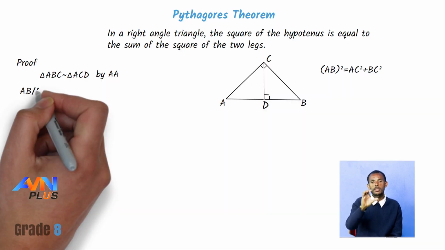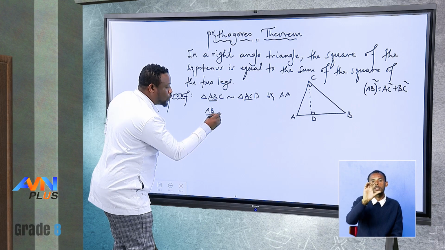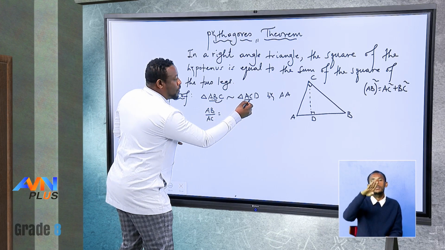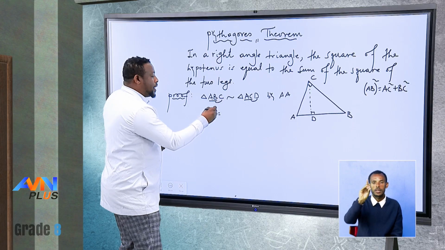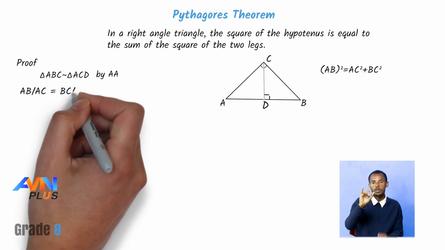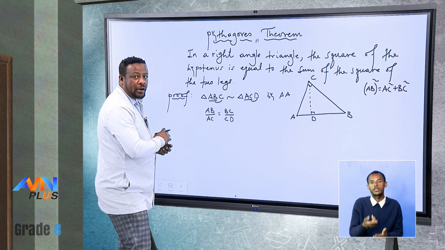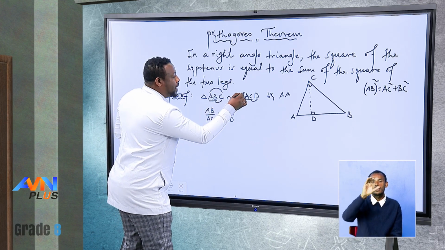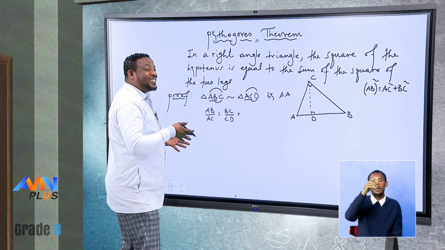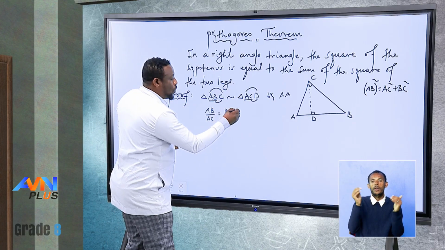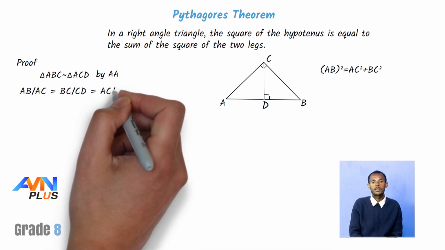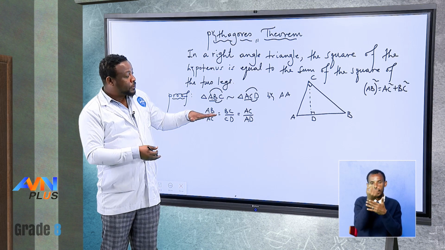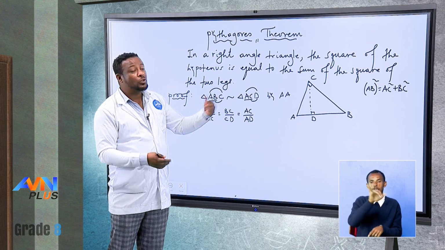So AB over AC is equal to BC over CD. You can also take AC over AD. All these ratios are equal. We can derive this proportionality by similarity of these two triangles.